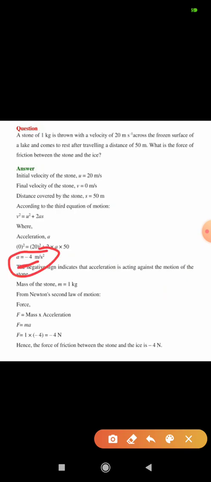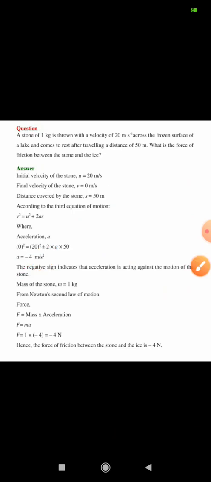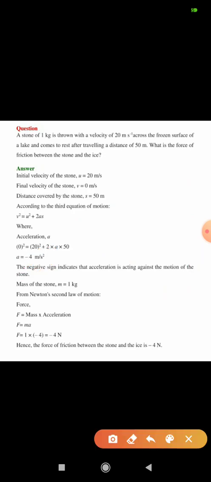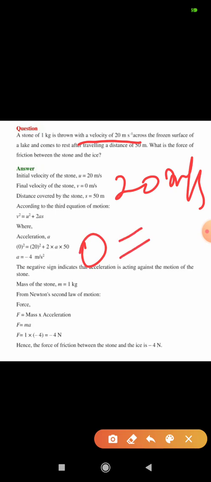Now the question arises, what is the meaning of this minus term? This minus term is indicating that earlier the velocity of the stone was 20 meter per second, later on it became 0, which means retardation was taking place. The stone was not accelerating. We can say the velocity of the body was not increasing, it was decreasing.